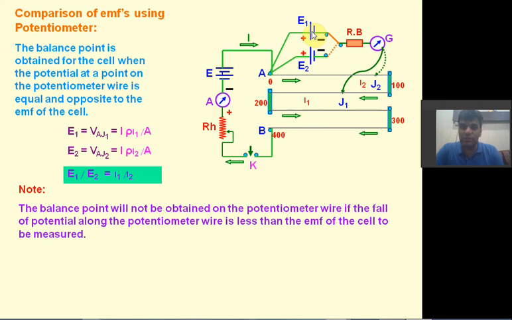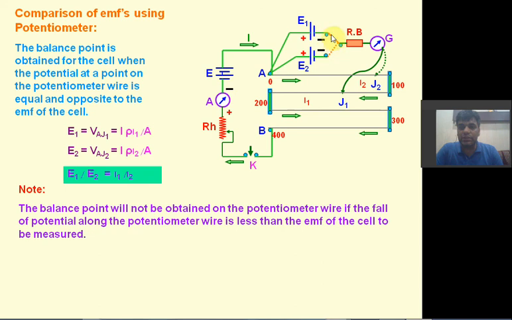Now E2 is not connected, E1 is connected. So according to E1, we have the potential drop across AJ1, that is V_AJ1 equal to I rho L1 upon A, where L1 is the length from A to point J1.